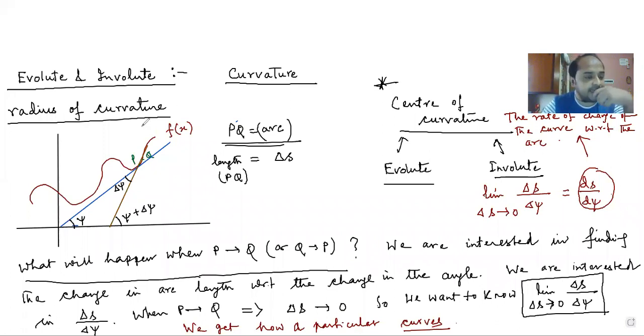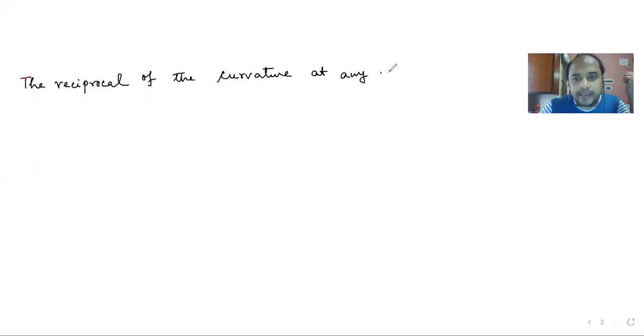The radius of curvature is defined in the following manner: the reciprocal of the curvature at any point P is called the radius of curvature.